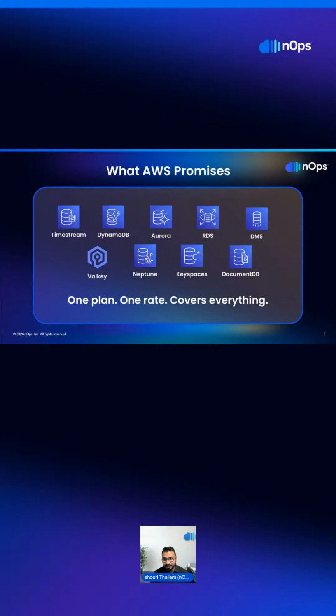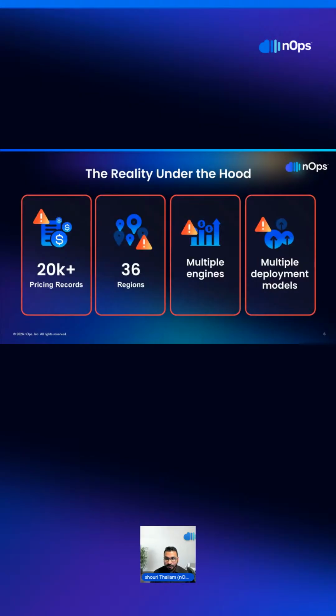And when you come to the reality under the hood, it becomes very complex. Purchasing a database plan is just a very simple UI, and you're clicking a button that has $250,000 or $1 million in risk, where you're committing to AWS. But underneath it, you have 20,000 pricing permutations and combinations to look at.